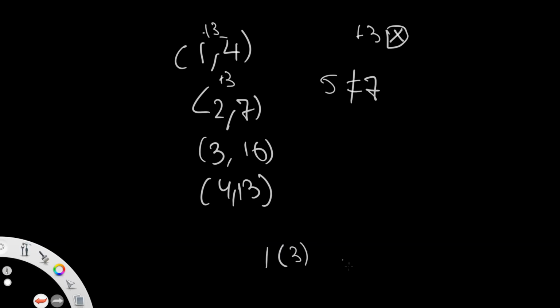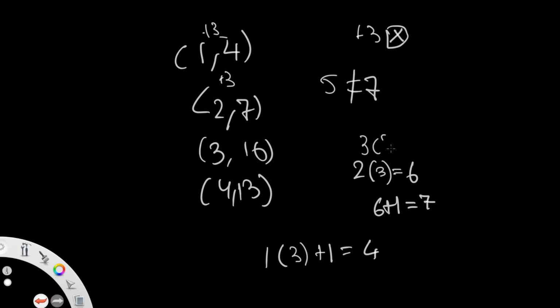So we get 4. 2 times 3 is 6, and 6 plus 1 is 7. That also works. 3 times 3 is 9, plus 1 is 10, which also works. Finally, 4 times 3 is 12, and 12 plus 1 is 13, which also works.